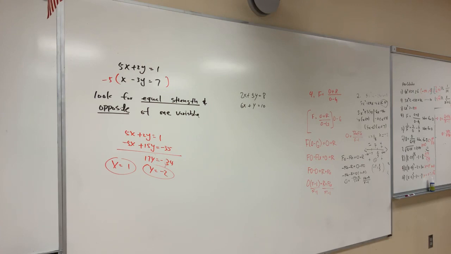Okay, so you can solve 2 different ways. Now we're going to talk about, when you finish that, we're going to give you a higher level system. So what does a higher level system look like?